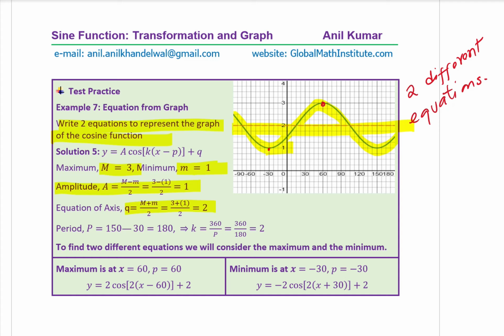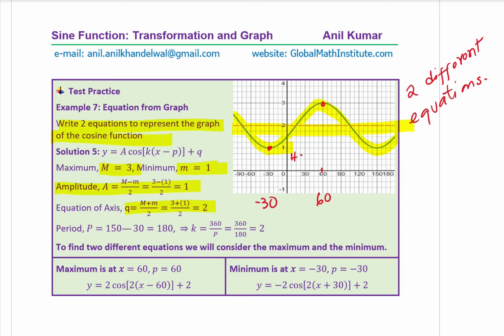Now we can find the period from maximum and minimum value positions, right? So in this case, we can say that this minimum is at minus 30, and this maximum is at 60. Their difference will give us half the period. So from minimum to maximum, we have half the cycle.